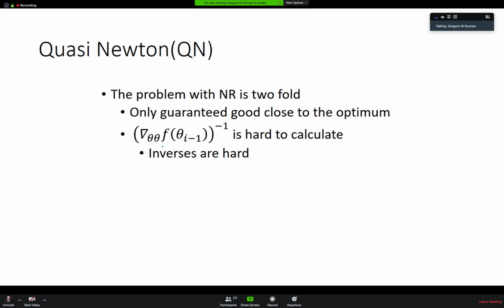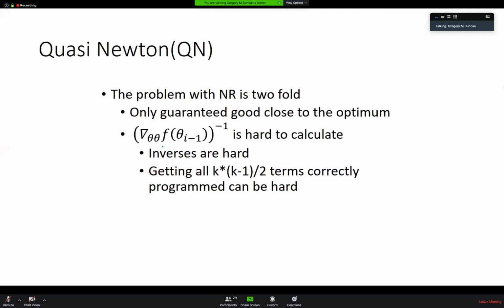The inverses are very hard, and that's usually where the thing breaks down. The matrix isn't truly singular, but it is numerically close to being singular, and it just messes everything up.